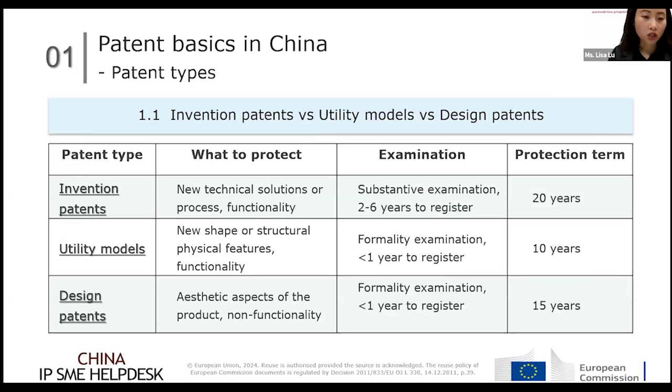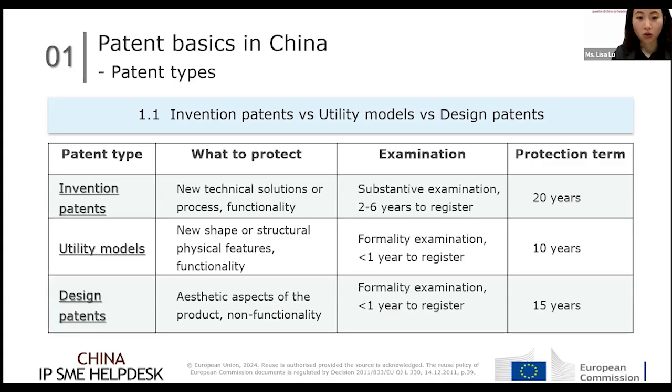First one, the invention patent protects the new technical solution or process. It protects the function of the new products or the new invention. And utility model, it protects the shape or structural features of the invention. It protects the function. But industrial design, as many of you may know, does not protect the function of the invention. It only protects the aesthetic aspects of the products.